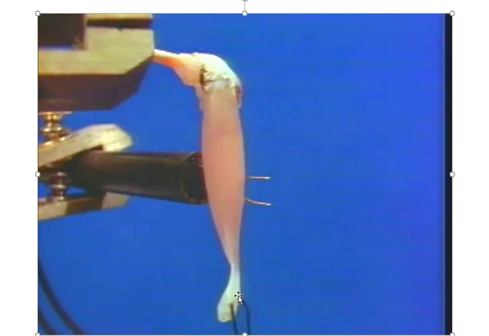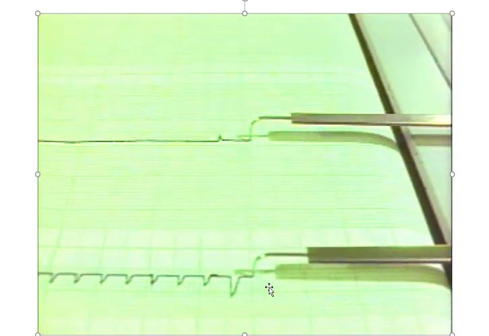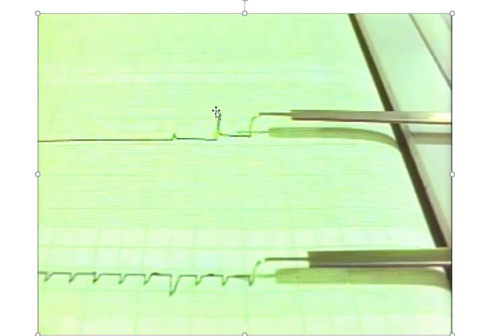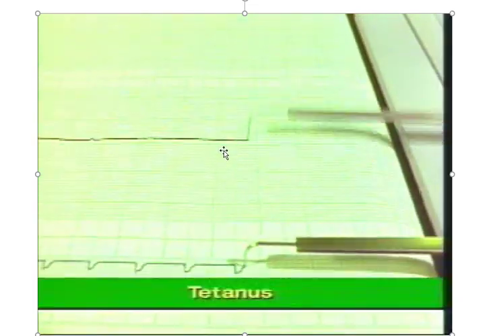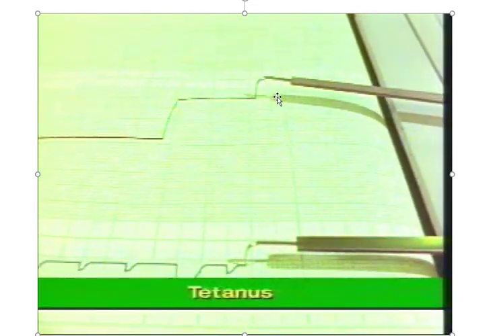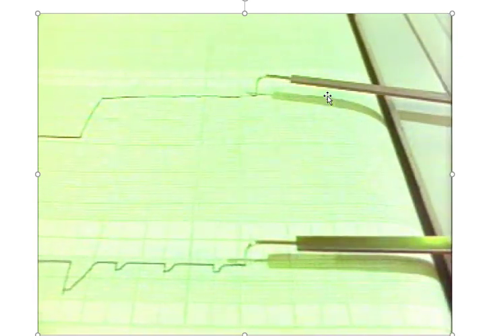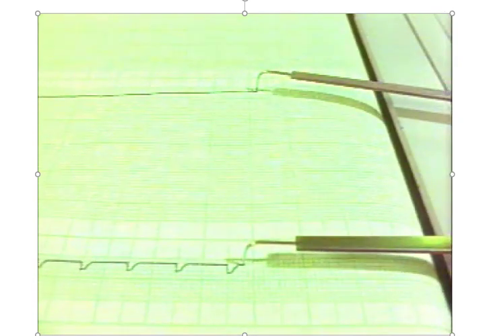So the tracing that is being made right there shows us each time the muscle contracts. And we're going to find out why it's suddenly plateaued like that in our next episode.